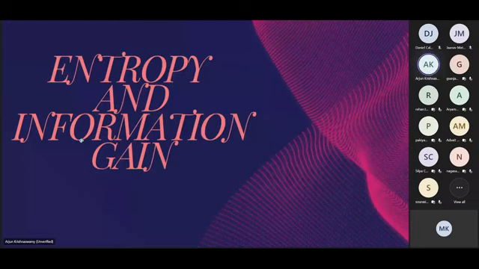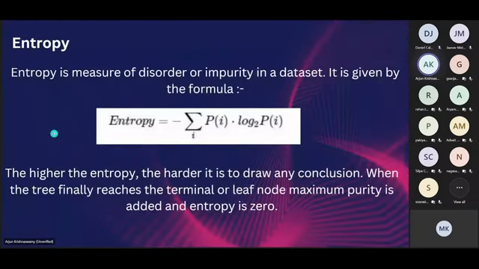Entropy, I'm pretty sure you guys are familiar with the thermodynamics entropy, which again is the same definition as this. It's a measure of disorder or impurity in a data set. Suppose you have a data set that consists of a wide variety of people with different likes and dislikes, then it has a lot of disorder. Suppose you have a data set which only consists of people who like one particular thing, then it is very ordered and it has low entropy value.